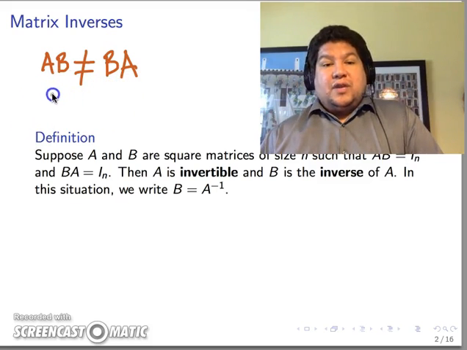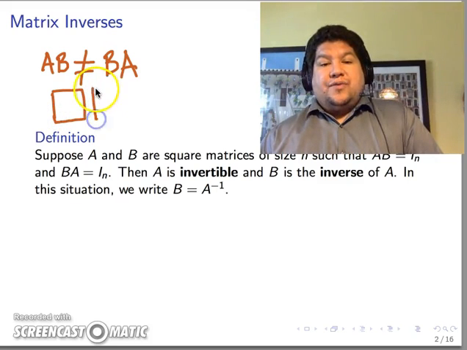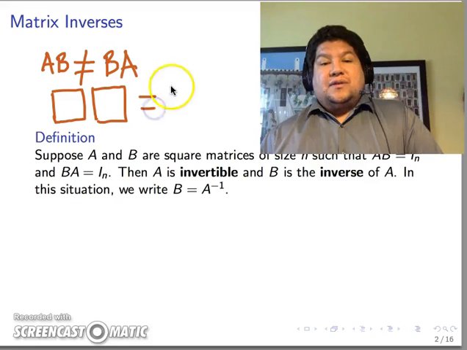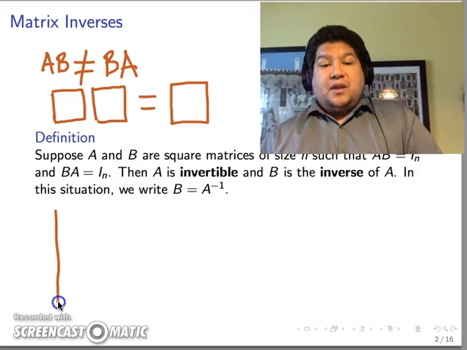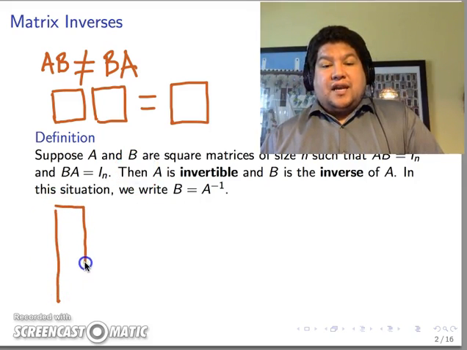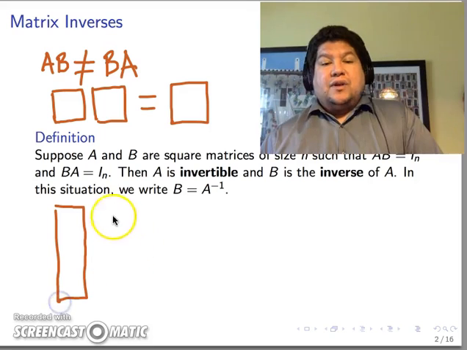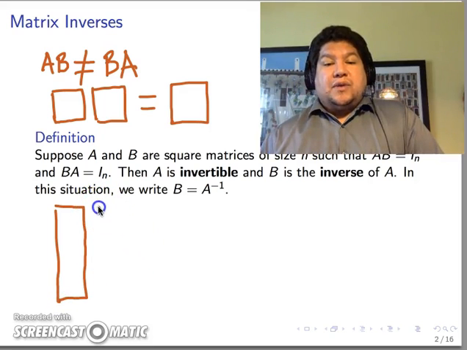The other thing we have to keep in mind when multiplying matrices is the number of rows and number of columns of the matrices we are multiplying, right? So here we have two square matrices, then we expect that the product is also square. But we could have scenarios in which we're multiplying a rectangular matrix times another matrix, maybe a square matrix.